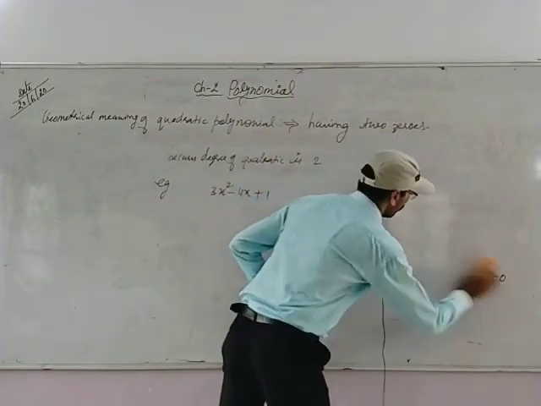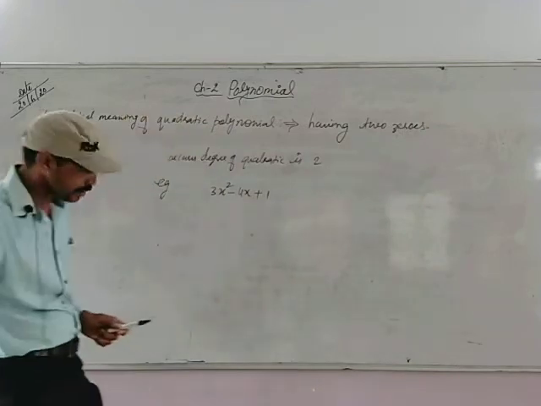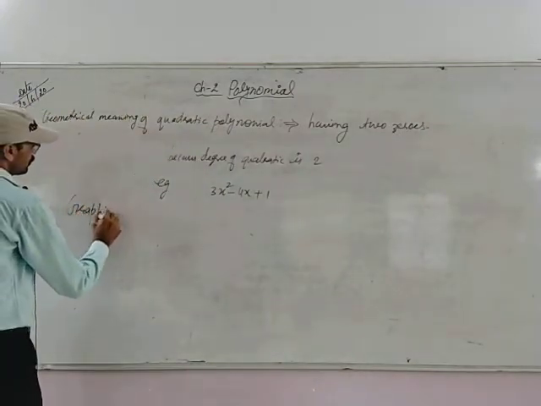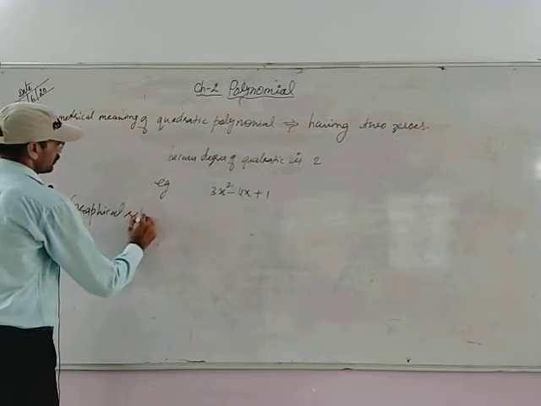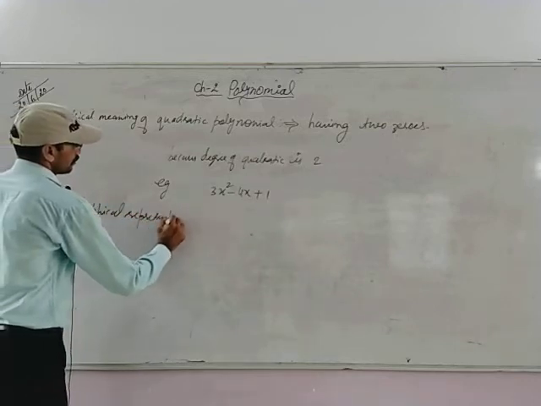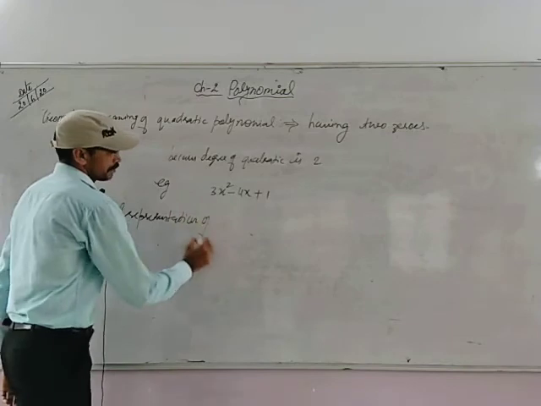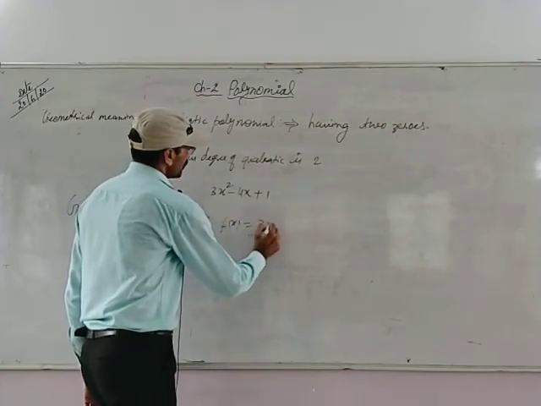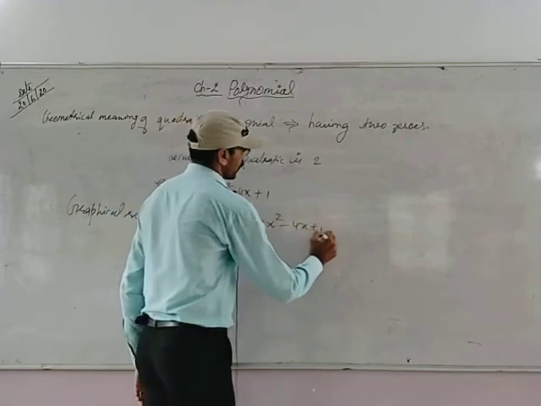Graphical representation of f(x) equals 3x square minus 4x plus 1.